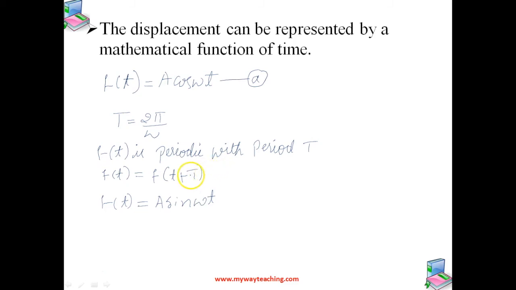So, a linear combination of sine and cosine functions will be f of t is equal to a sine omega t plus b cos omega t.